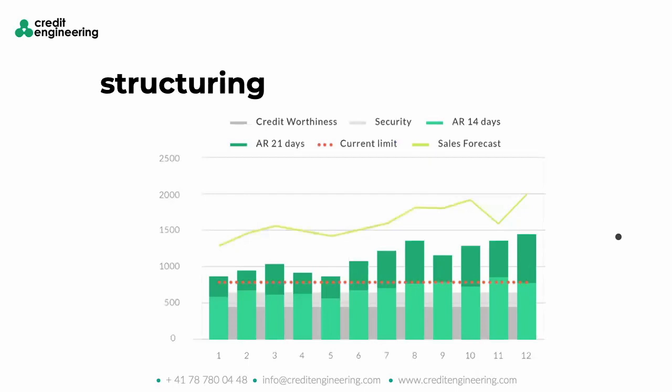In terms of structuring, again, this might look quite complicated, but all the elements you see here already. We can see that there is potential outstanding for two different credit terms, for one and for the second one. So we have the credit limit, we see the creditworthiness, we have credit security, and then we have potential sales.